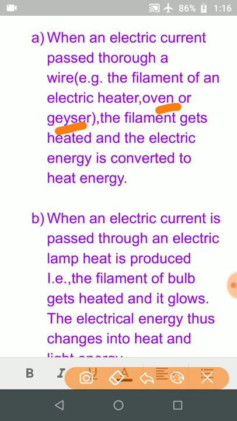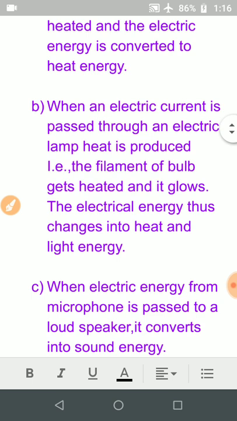Now let us discuss another example, when an electric current is passed through an electric lamp. Friends, you know that an electric lamp consists of a tungsten filament. When a current is passed through the tungsten filament, the filament of the bulb gets heated and it glows.